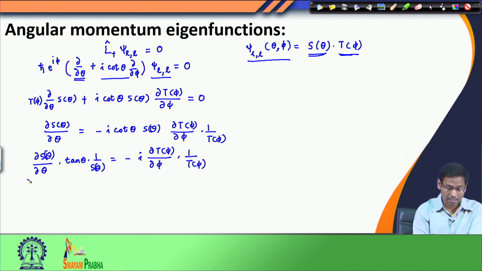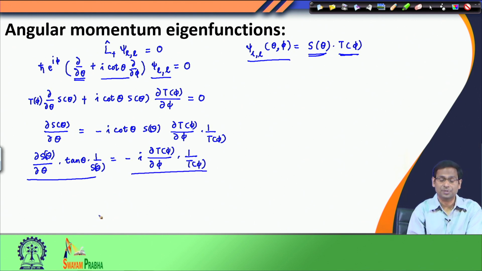So, you see I can actually separate all the theta terms into one side and all the phi dependent terms on the other hand side. But there is something interesting here. I say that the left hand side has only theta terms, right hand side has only phi terms, but left hand side and right hand side are equal. So, since left hand side depends on one variable and right hand side depends on another variable, and these are equal, therefore, both left hand side and right hand side must be equal to a constant, because unless they are constant we cannot satisfy this relation.